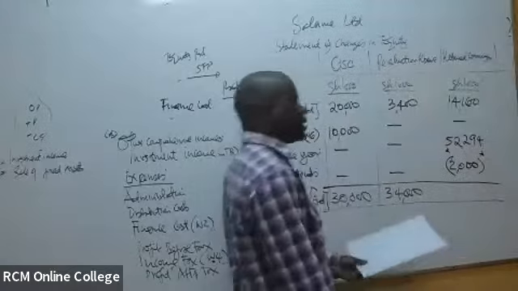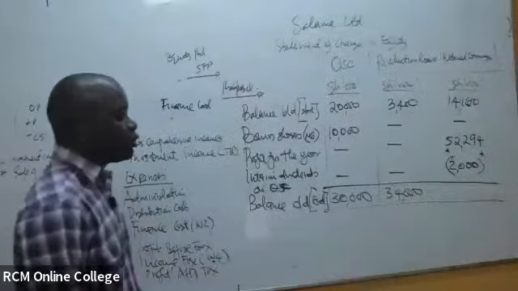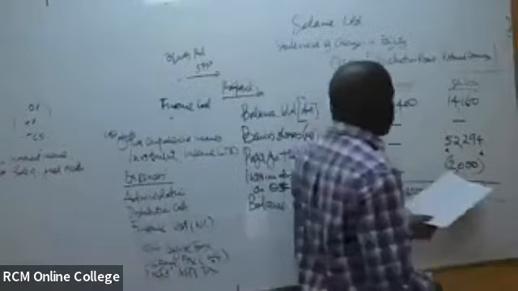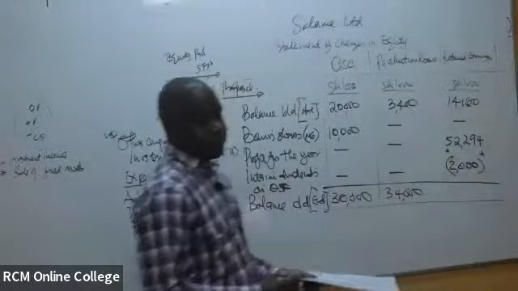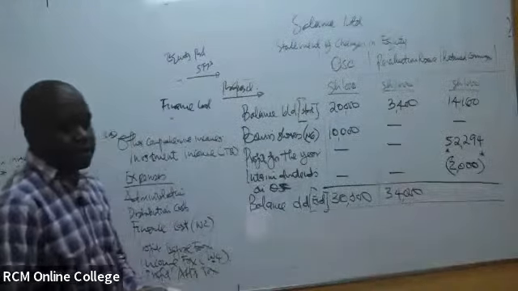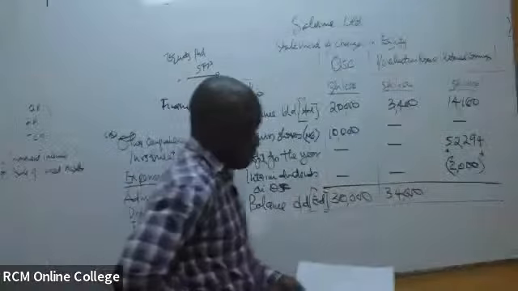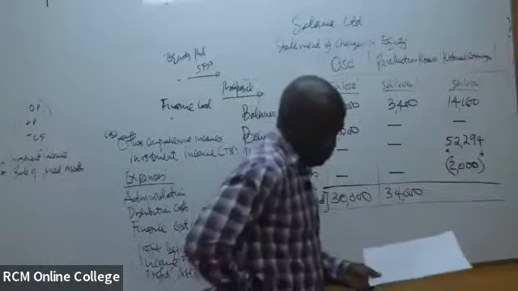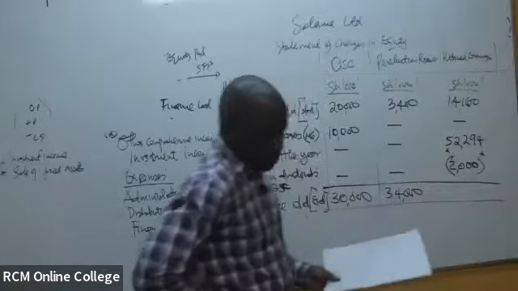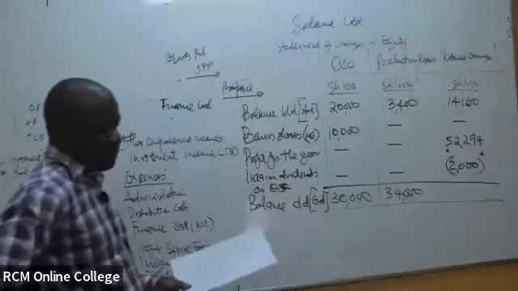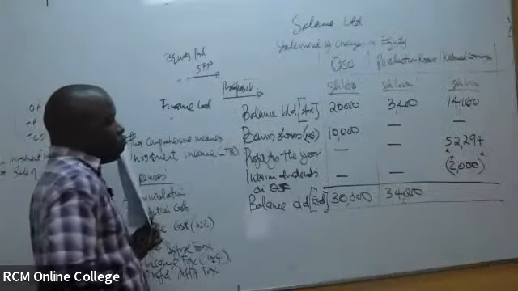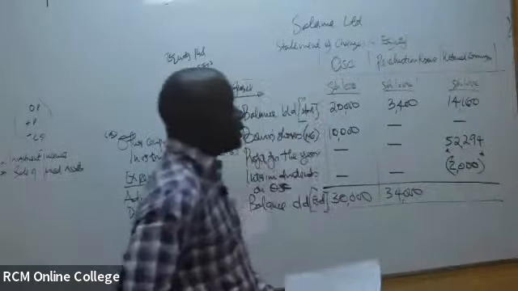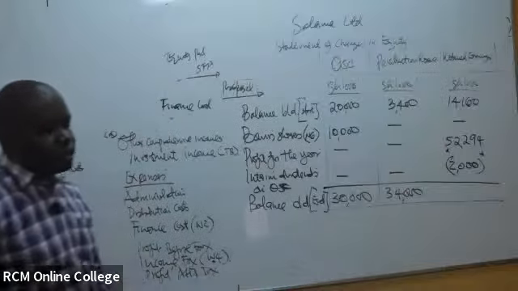They never settled it. We'll only be able to consider the interim dividend. So what are you getting as the total here? 14,160, 52,294 minus 2 million.